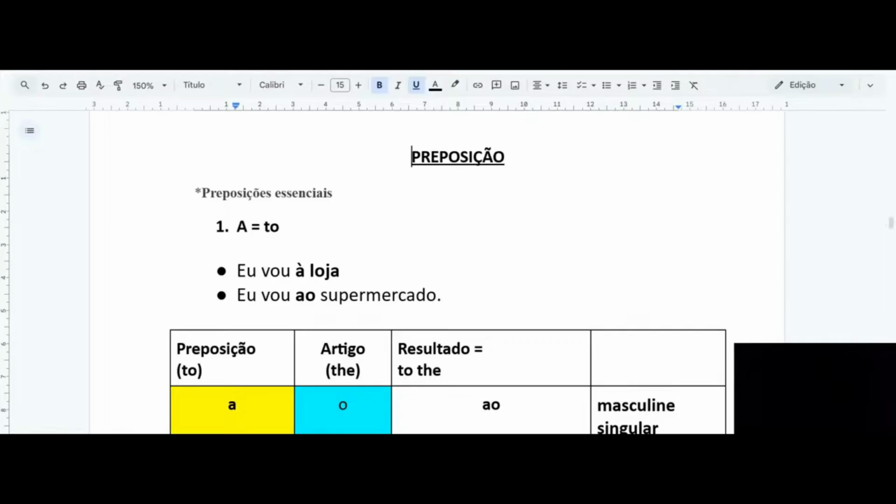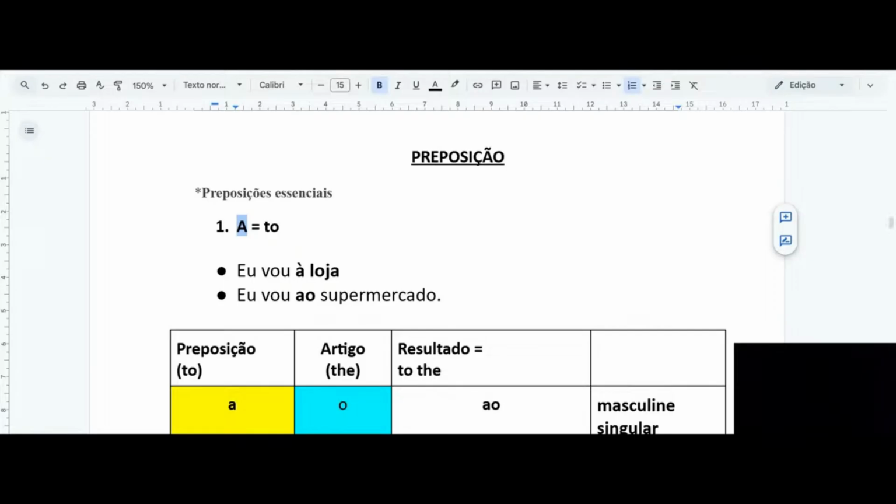So our first preposition for tonight is a. I hope you can see a, the a on the screen. In English, the a means to.